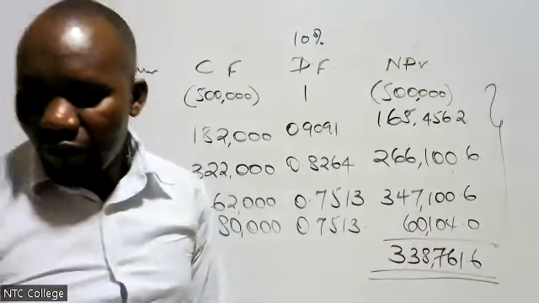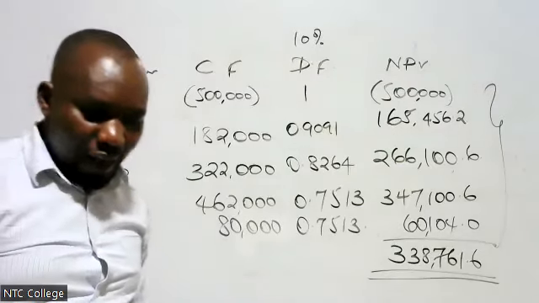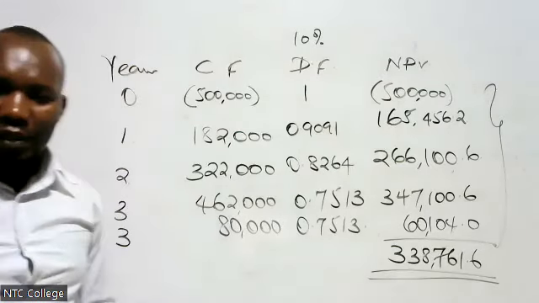Assuming that now the cash flow is going to be constant, regular for 3 years, and every year is 182,000.